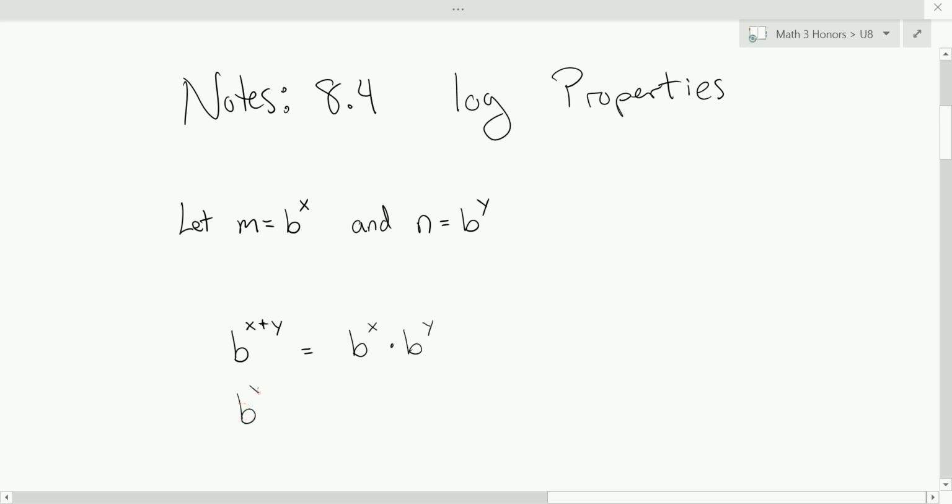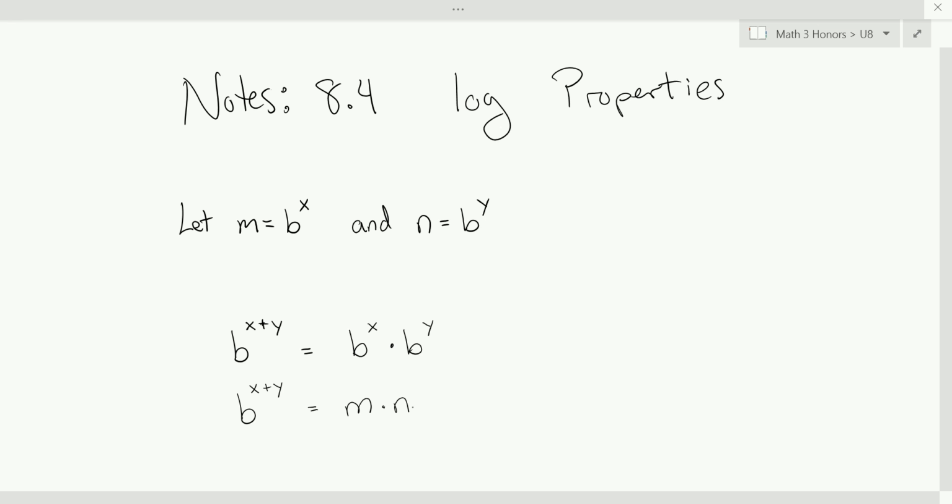But I defined b to the power of x as m, so we could say that's m, and b to the power of y is n, so that would be n. So m times n would be b to the x plus y. Now I know you don't know where we're headed, but does that seem like a logical step there for you?